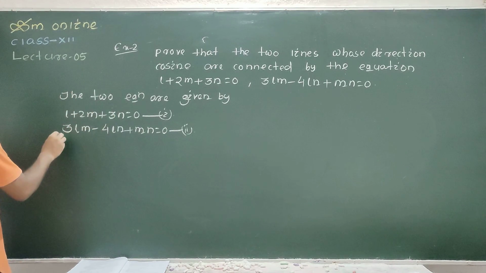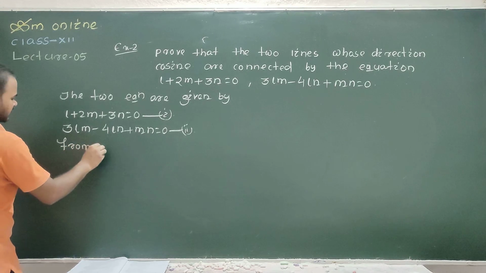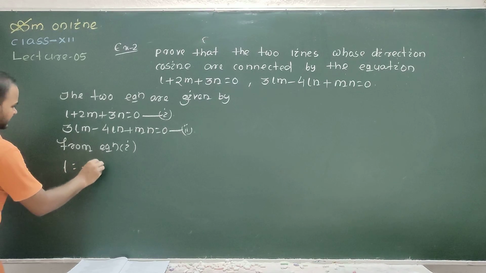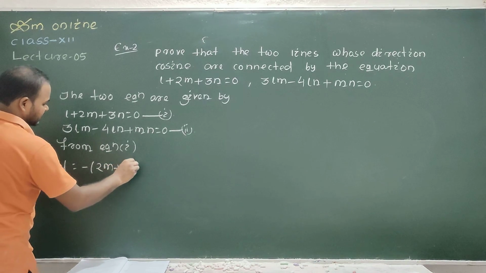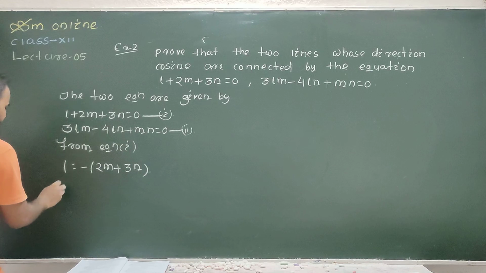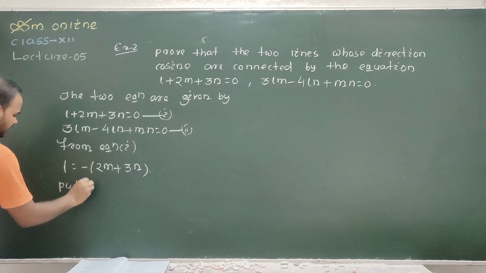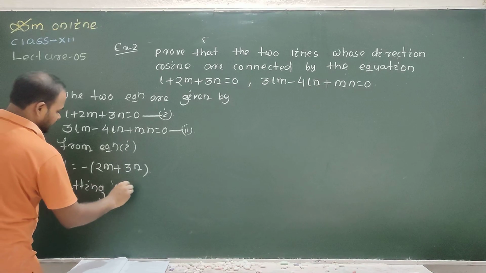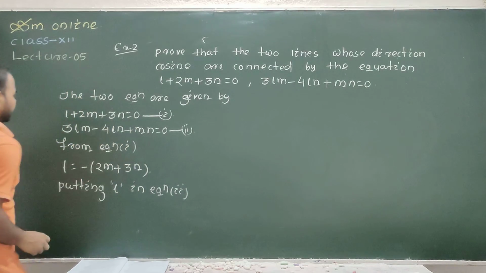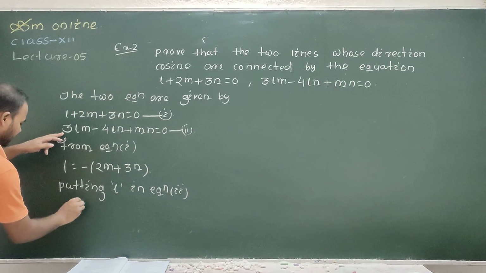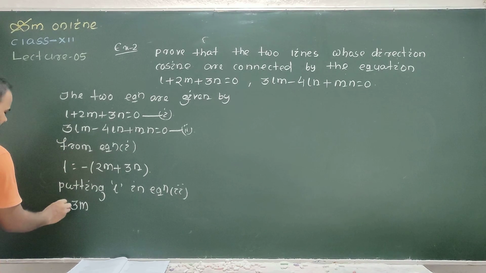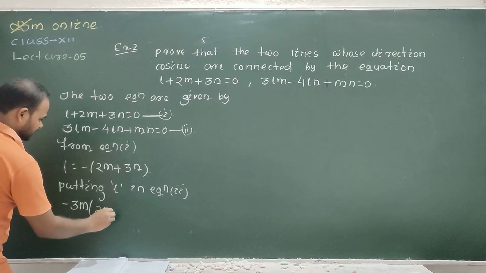Okay, so from equation first we get here l equal to what? This is minus of 2m plus 3n. Okay, and putting the value of l in equation second, we get here 3 into m, and this is the value of l, minus of 2m plus 3n.